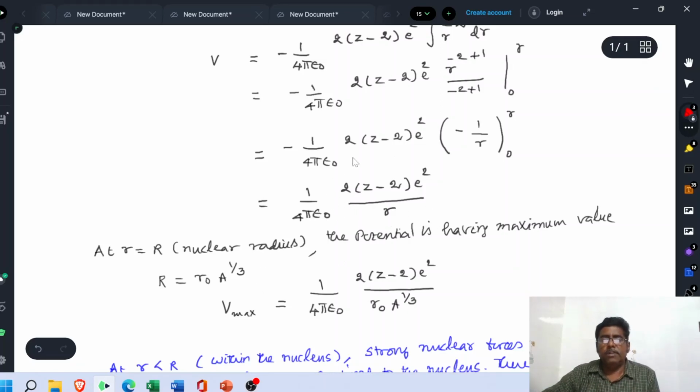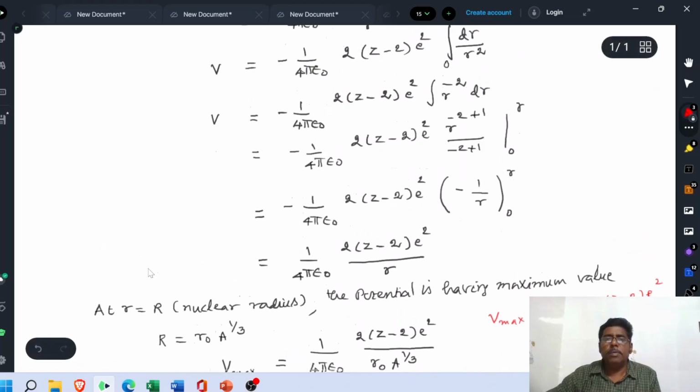Then this equation is modified as V equals V maximum. The potential is reaching its maximum value. V maximum is equal to 1 by 4 pi epsilon naught 2 into (z minus 2) e square divided by capital R. See this diagram.